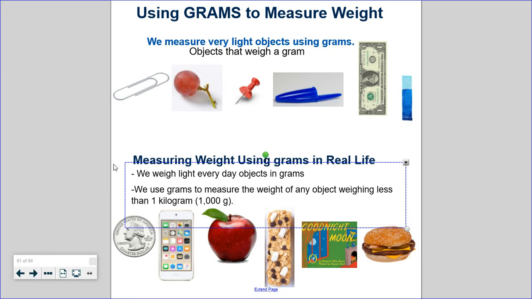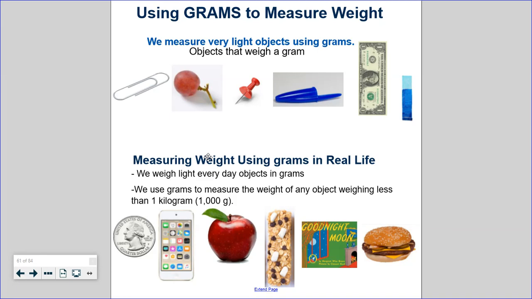So let's look at some objects that might weigh about a gram. A paper clip, a grape, which I said before, a push pin, a pen cap, a dollar bill, or a piece of gum. These are all things that weigh about a gram. They're very light. So we measure light everyday objects in grams.